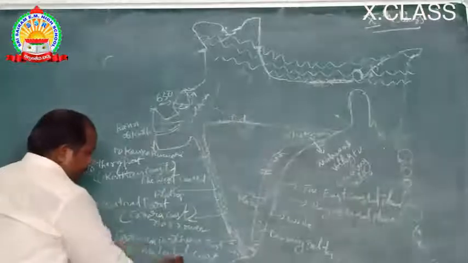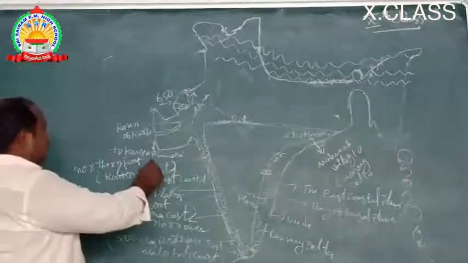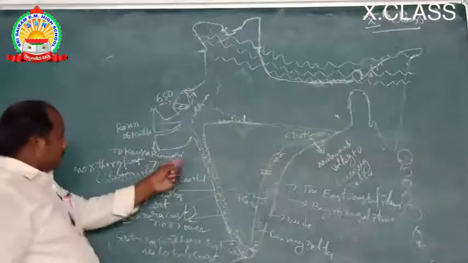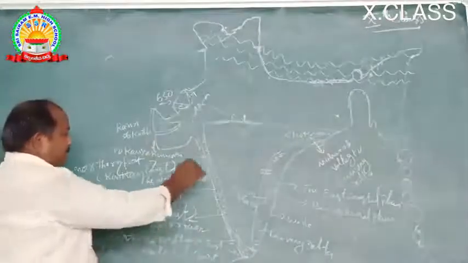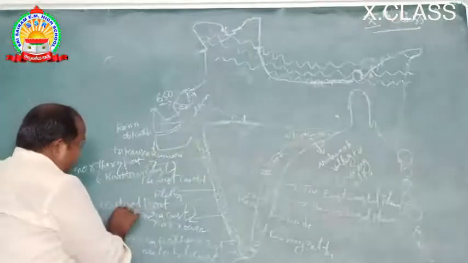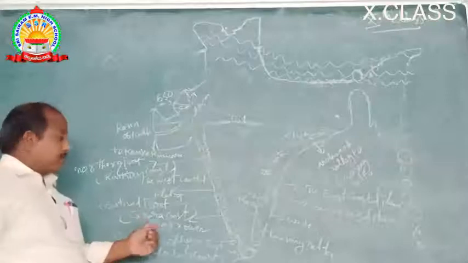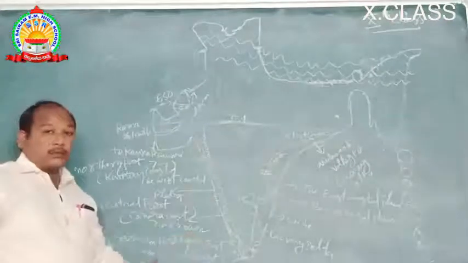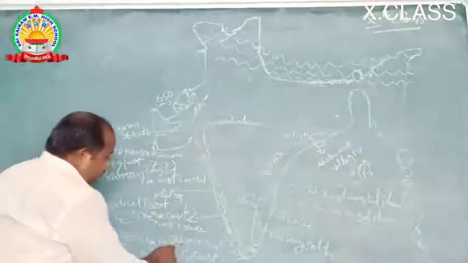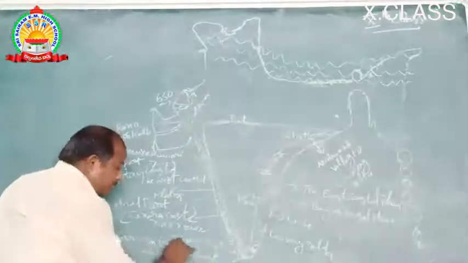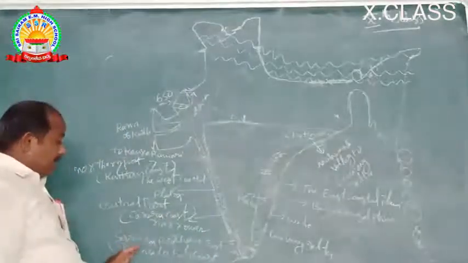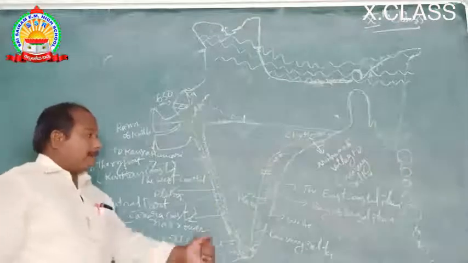The Konkan Coast lies in Maharashtra and Goa, the Canara Coast in Karnataka, and the Malabar Coast in Kerala.